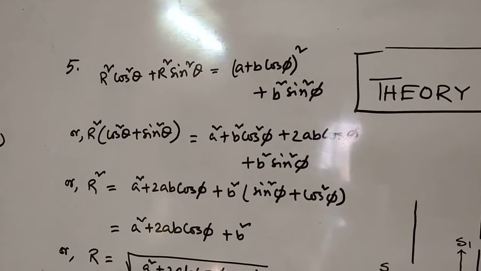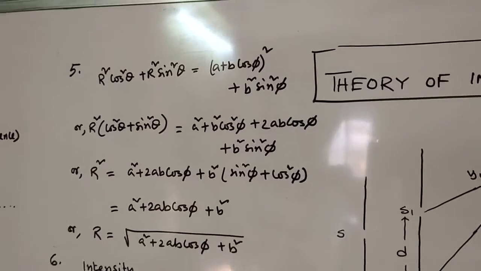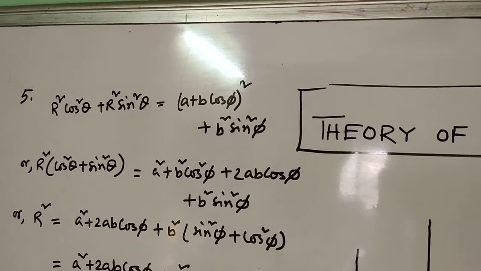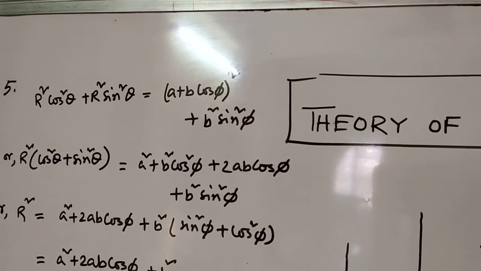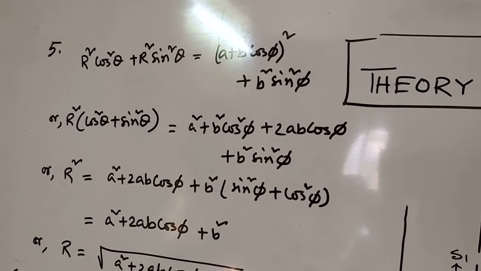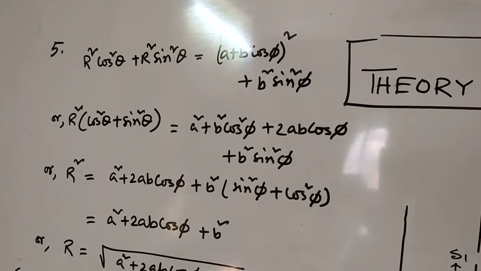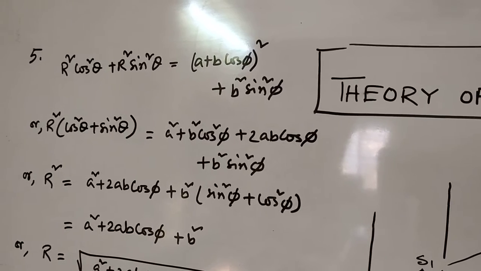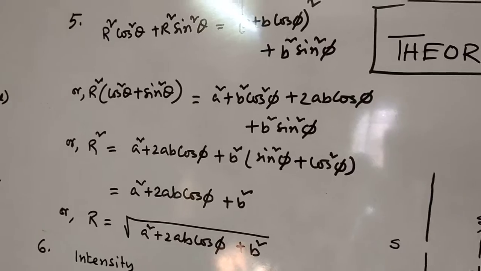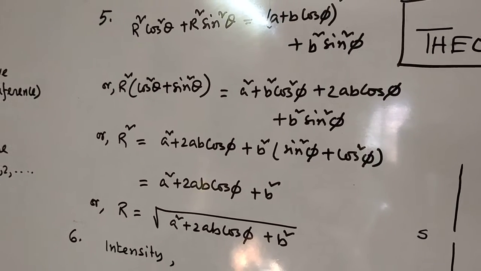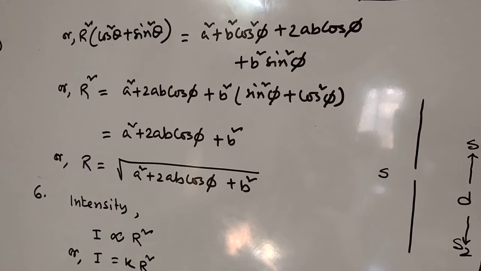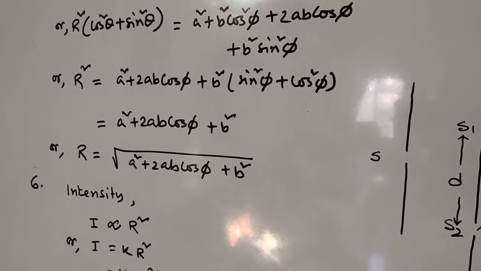So R square common, cos square theta plus sin square theta, and here we have A square plus 2AB cos phi plus B square cos square phi plus B square sin square phi. Since sin square theta plus cos square theta equals 1, and sin square phi plus cos square phi is 1, we get A square plus 2AB cos phi plus B square. So R equals the root of A square plus 2AB cos phi plus B square.